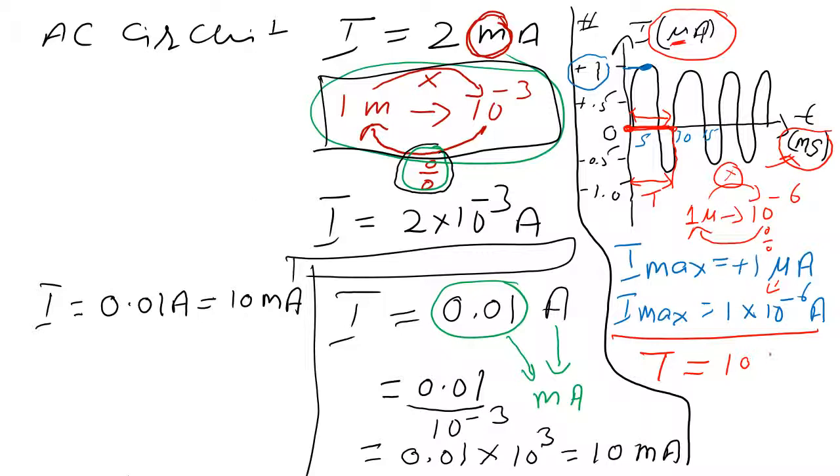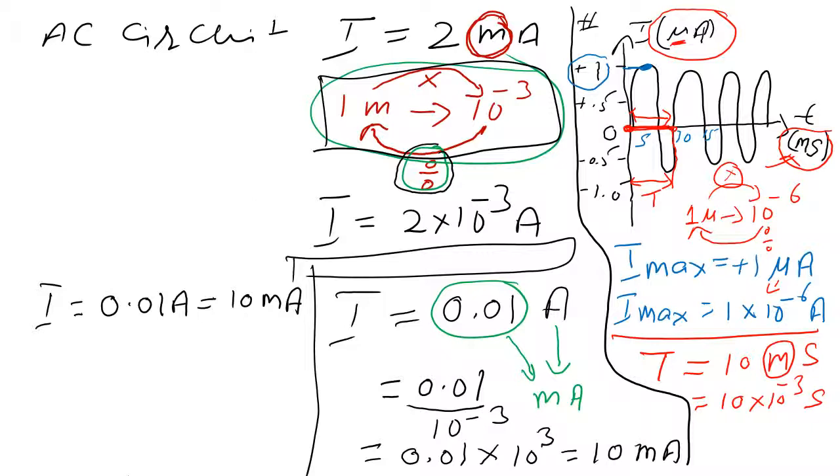So the time is in millisecond, not second, and this value in millisecond can't be used in any calculation. So you have to change this milli. You know that 1 milli is equal to 10 to the power minus 3. So this is 10 multiplied by 10 to the power minus 3 second.